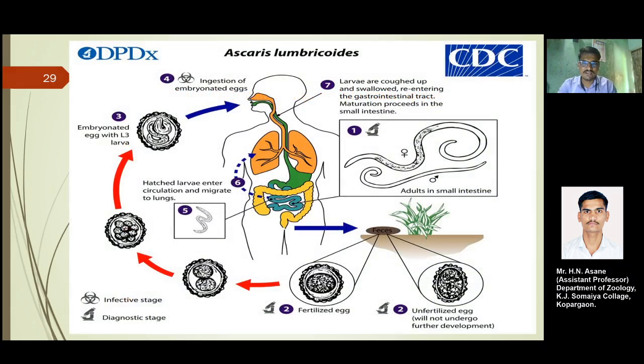As you can see, the adult in the small intestine is highlighted with the first number, and this image is taken from the CDC, the Centers for Disease Control of the USA. As listed, the numbers highlight the steps of this particular life cycle.